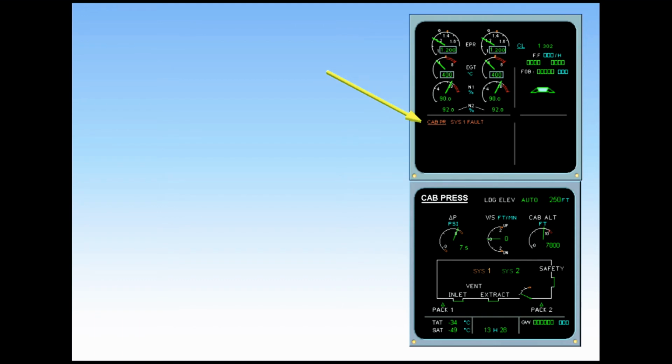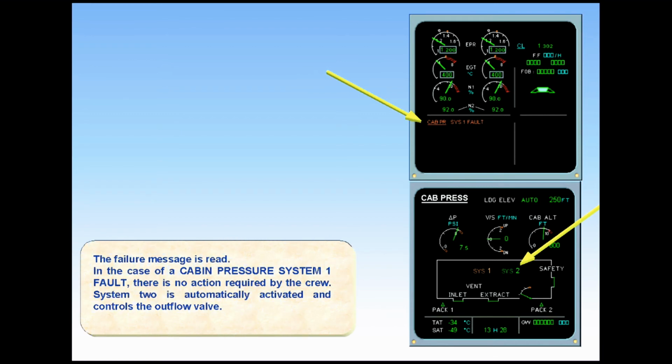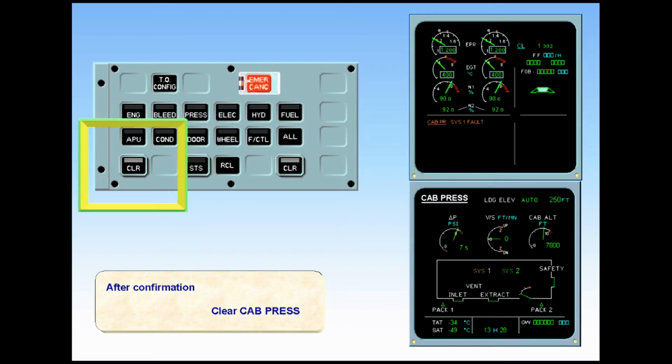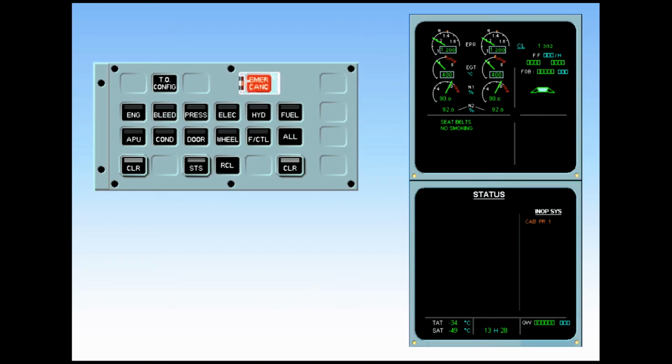In the case of a cabin pressure system 1 fault, there is no action required by the crew. System 2 is automatically activated and controls the outflow valve. After confirmation, clear cabin pressure. The status page is now displayed.